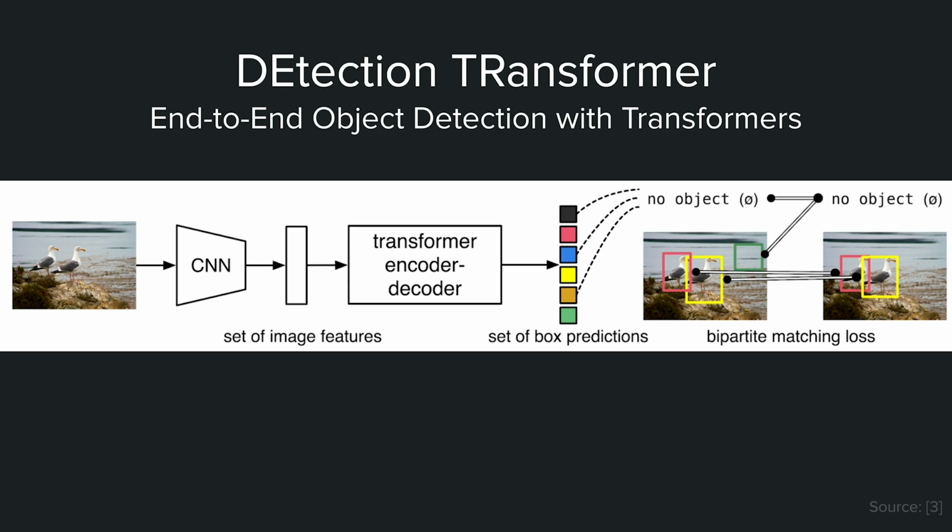So it's an end-to-end approach that gets rid of all these hand-designed mechanisms for anchor generation or non-maximum suppression, and it employs a really clever thing which is called the bipartite matching loss to kind of make sense of how those output boxes that are generated relate to the actual boxes in our input image.